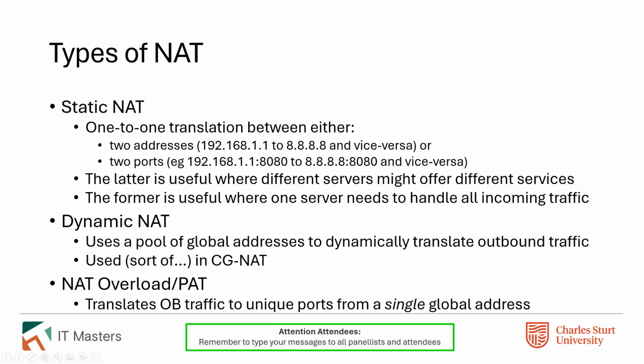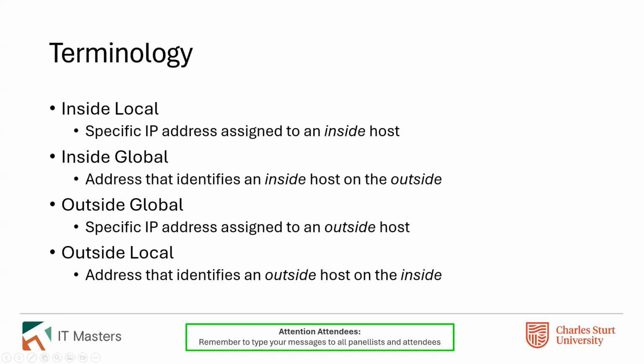Now, there's a few terms that are important when you're dealing with routers and network address translation. There's what's called an inside local address, which is a specific address attached to some device internally. So your desktop's IP address would be deemed an inside local.